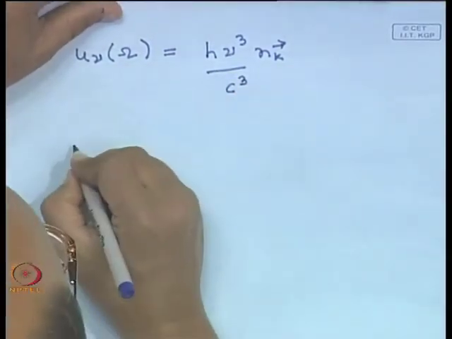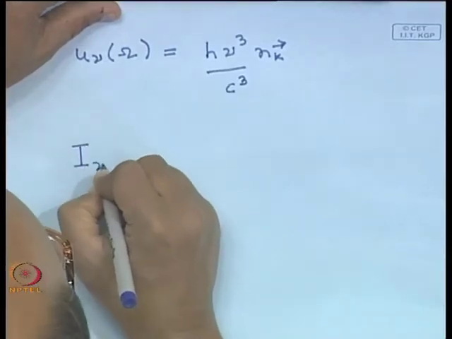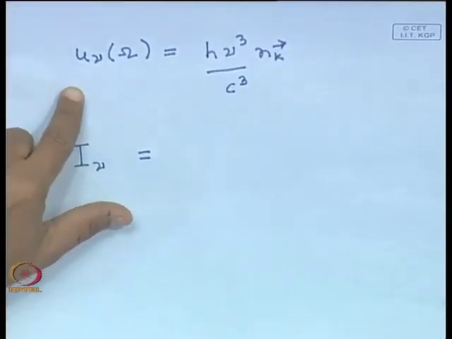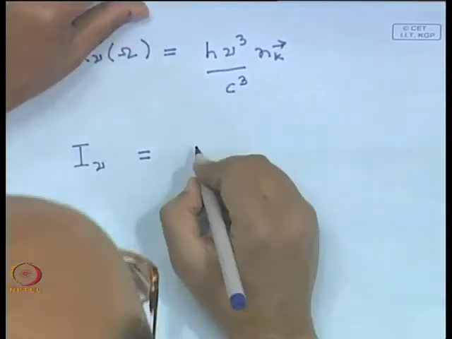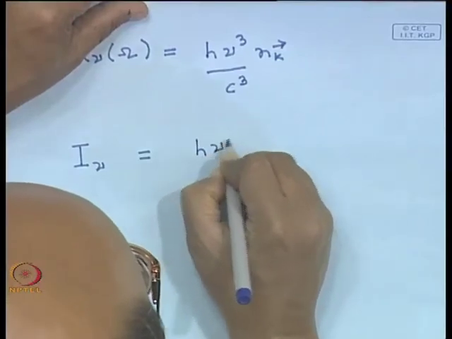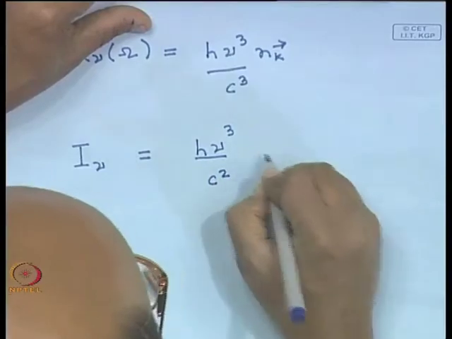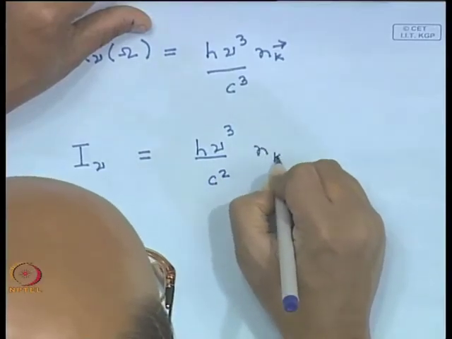And the specific intensity I nu is equal to, so you have to just multiply it with c. So, the specific intensity is going to be h nu cube by c square n k.